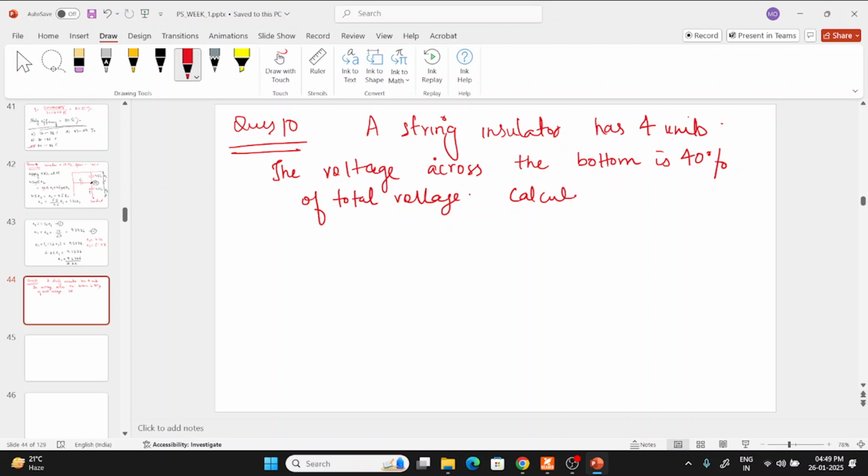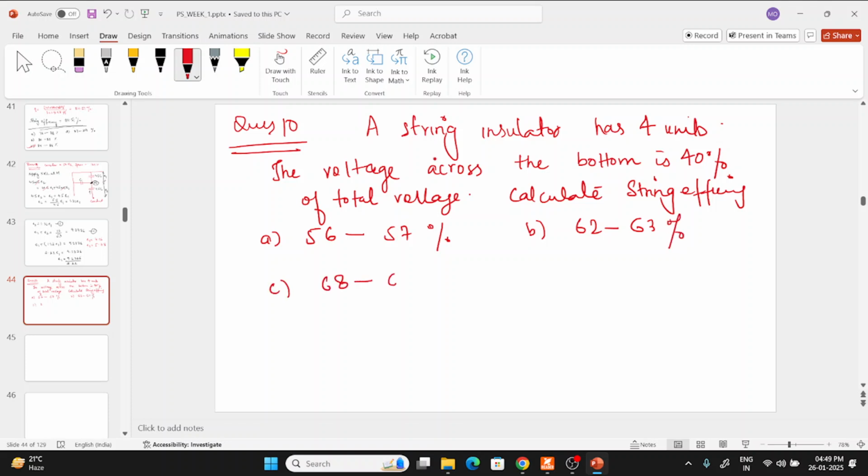Now you all have to calculate the string efficiency and give me the answer. Options: A is 56 to 57%, B 62 to 63%, C 68 to 69%, and D 74 to 75%. So I will give you 5 minutes, then you should give me the answer.